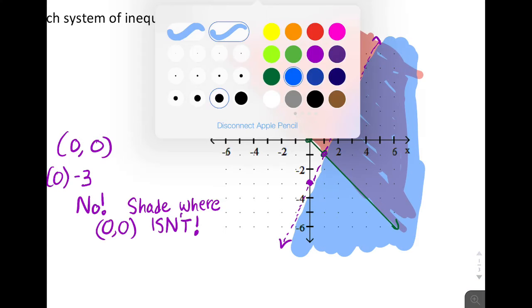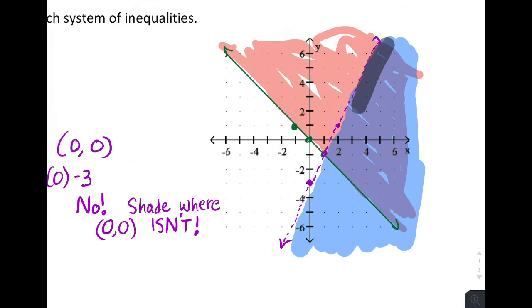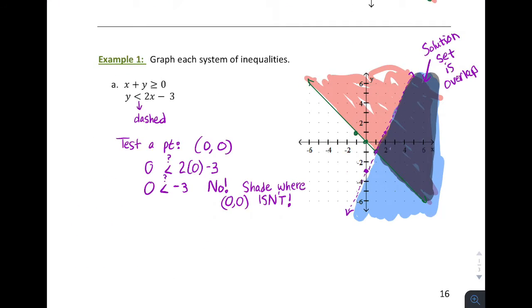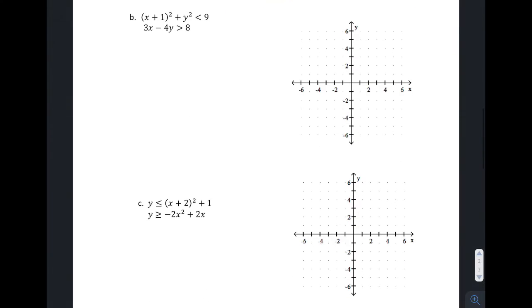My solution set is that triangle. Shade it nice and dark so we can tell. Any point in that region is going to make both of those inequalities true. So that's just graphing a couple of inequalities, seeing where they overlap.